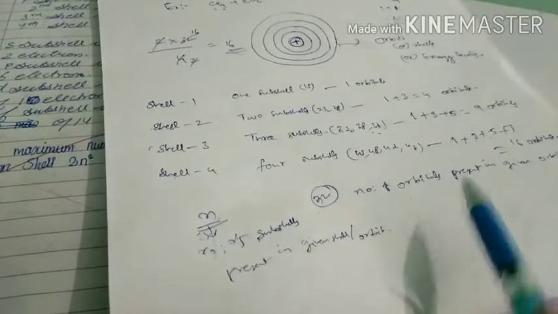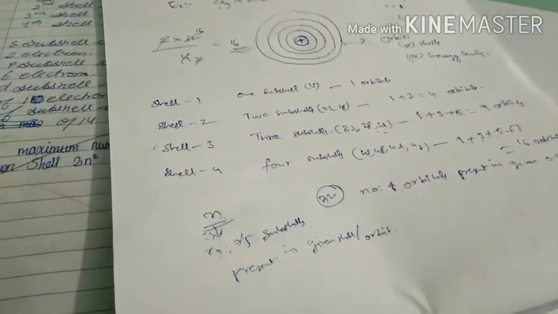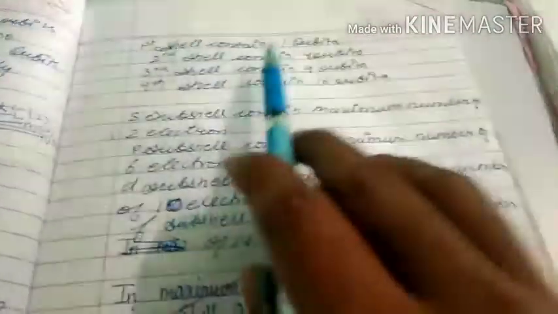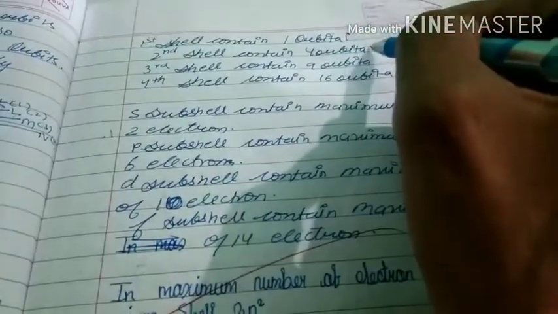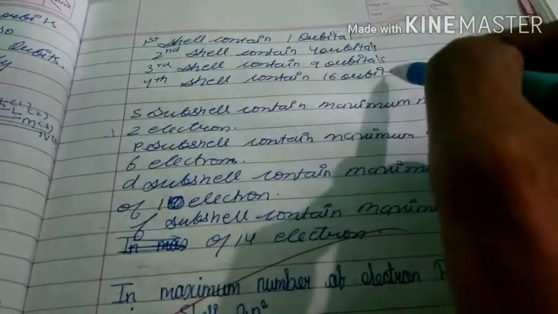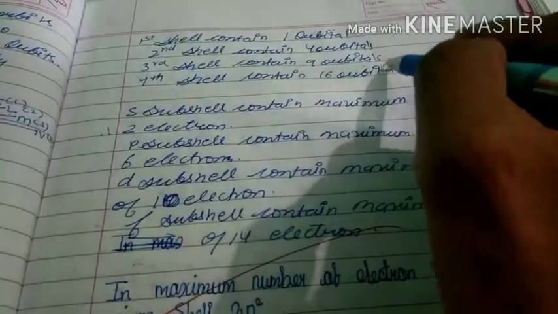So orbit and orbital both are not the same, friends, both are different. Next, we discussed just now: first shell contains 1 orbital, second shell contains 4 orbitals, third shell contains 9 orbitals, and fourth shell contains 16 orbitals.